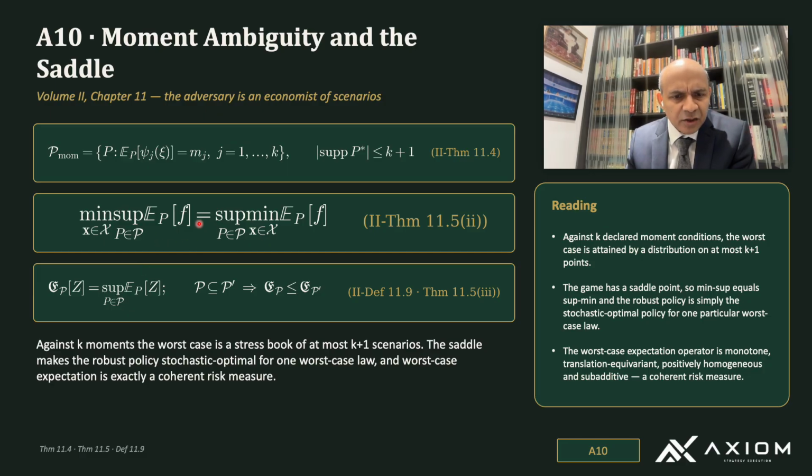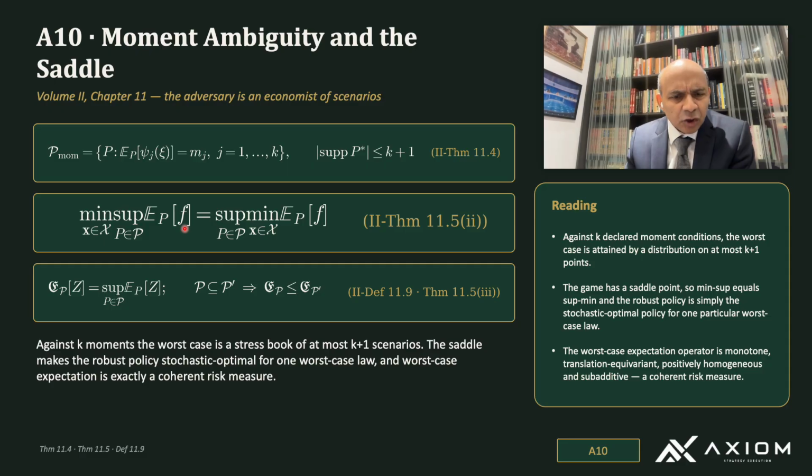Okay, so min sup equals sup min. The game does have a saddle point, and so minimizing then maximizing gives the same value as maximizing and then minimizing. The distributionally robust policy is simply the stochastic optimal policy for one particular worst case law, P star.